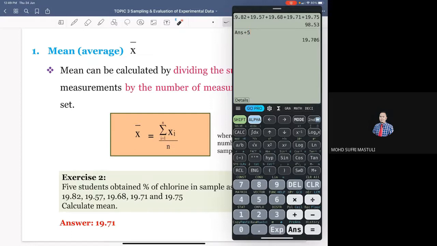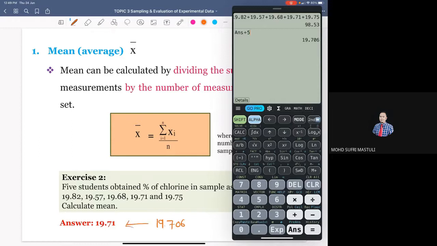19.706. So if you still remember the significant figures, how to decide the significant figures of an addition operation. From the calculator, you obtain 19.706.